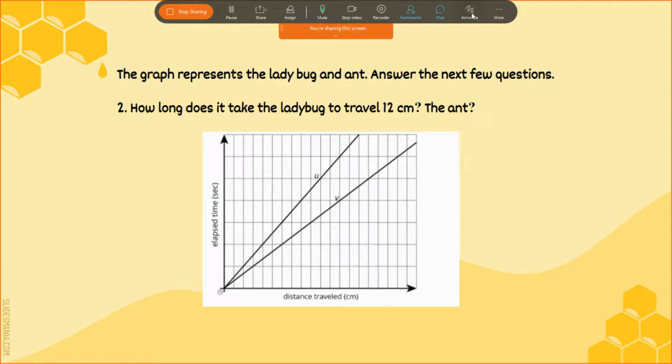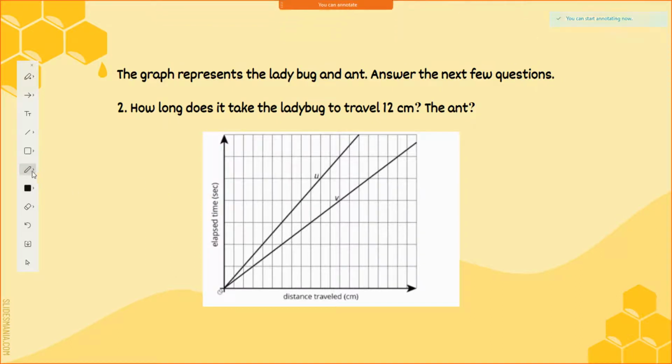All right, so let's go over how you do it. In order to find out how much time it took the ladybug or the ant to travel 12 centimeters, I'm going to look at my graph. Since this says distance traveled, I know that I just need to count 12 of these to find out where the time in seconds goes.